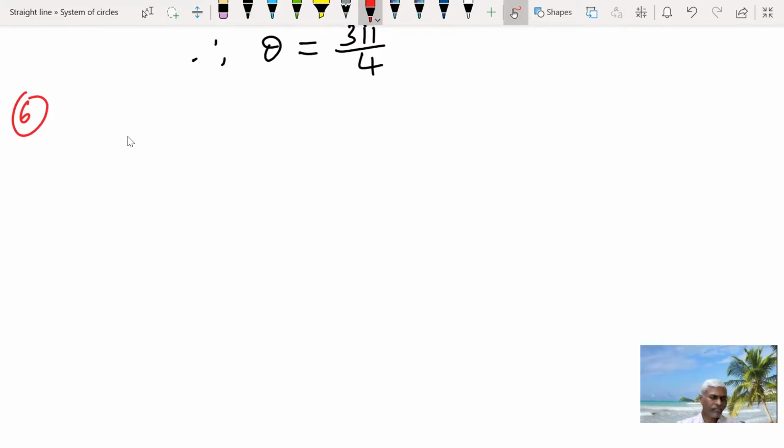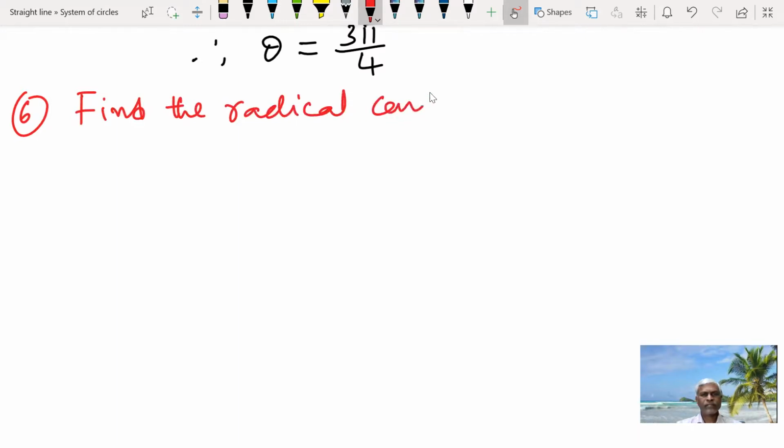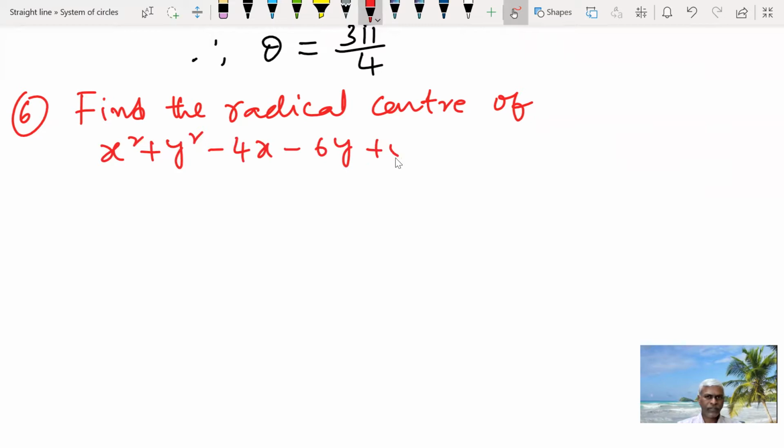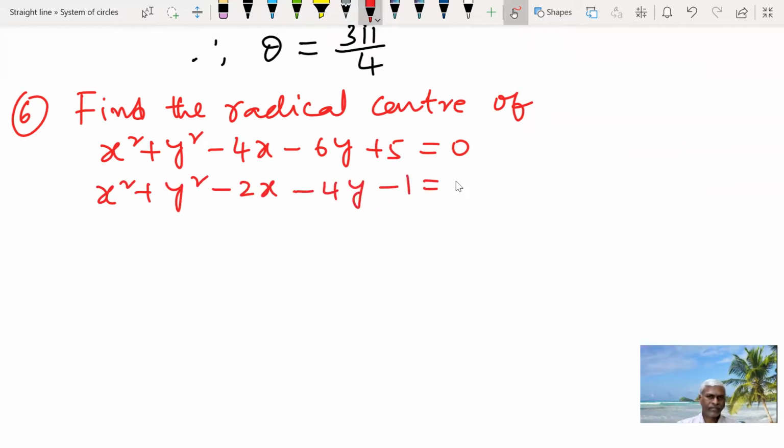Find the radical center of x square y square minus 4x minus 6y plus 5, x square y square minus 2x minus 4y minus 1, x square y square minus 6x minus 2y is equal to 0.